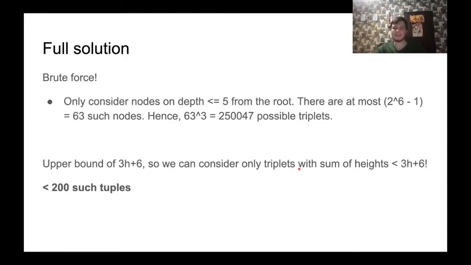Another way to implement it is, because the depth is quite small, to enumerate the different cases. For example, you can't have more than one node on depth 5, you can't have more than one node on depth 4, and for depth 3, you can have at most 2 nodes.